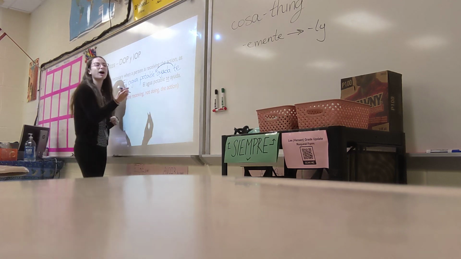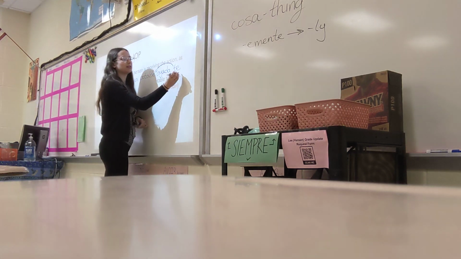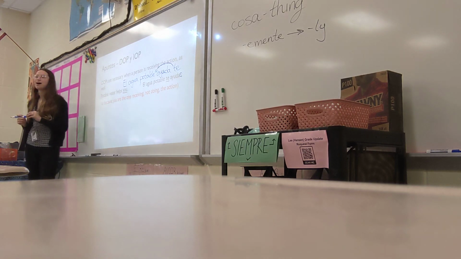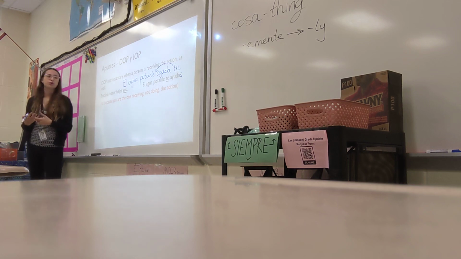Who can tell me why this is not el agua potable te ayudas? Why is it not el agua potable te ayudas? Agua potable is not plural, and when we conjugate a verb, our AS ending is for who? It's the tú form.